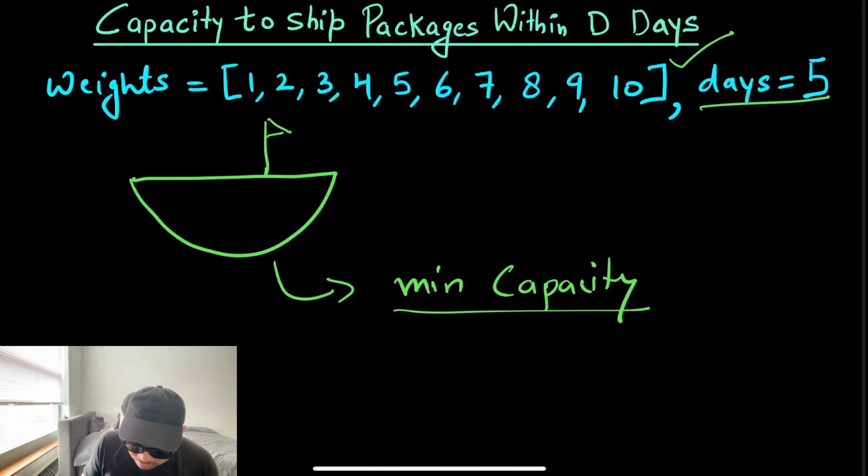So let's say, how about we just choose what should be the range of our capacity, by the way. Shouldn't it be basically the minimum from here and maximum from here? Should it be that? And it could be that.